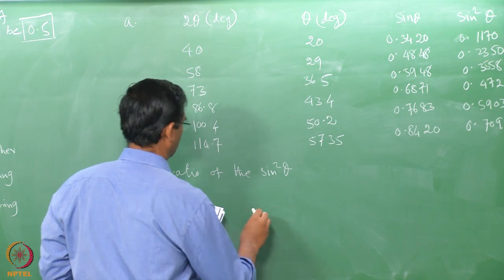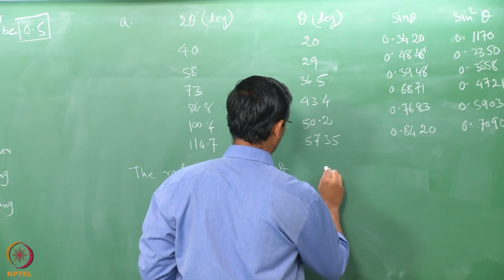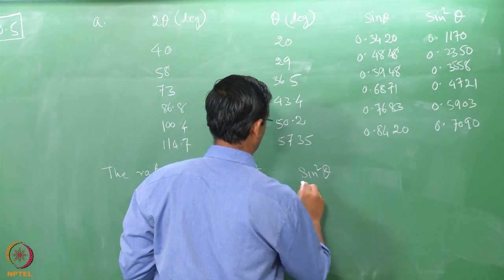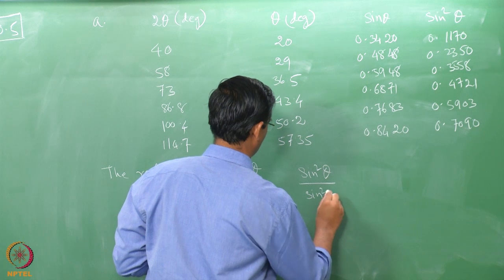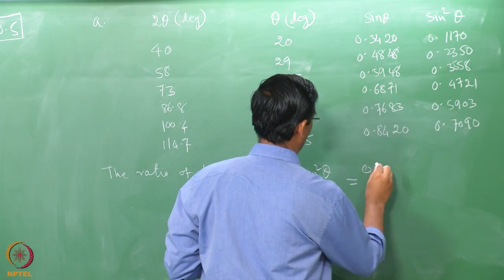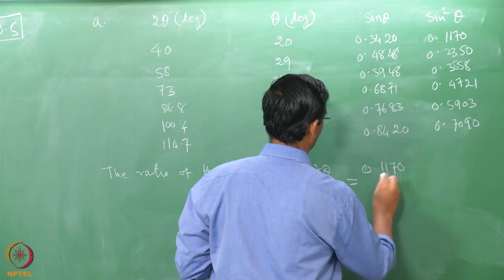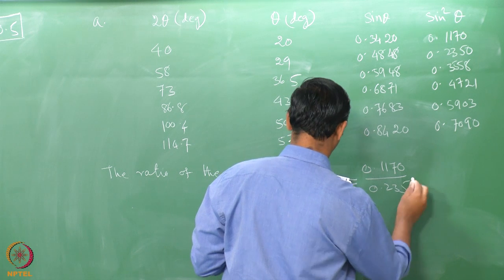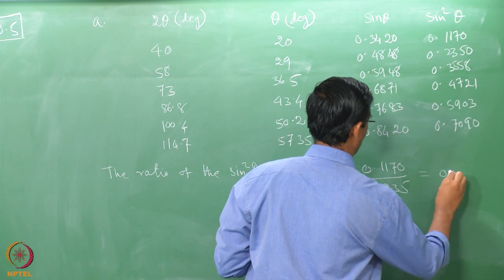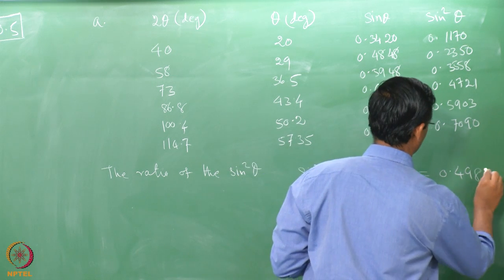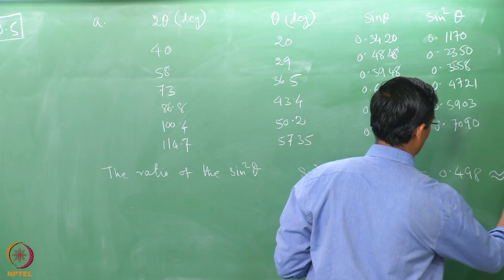If you take the first 2 angles, 0.1170 divided by 0.235 is 0.498, which is approximately equal to 0.5.